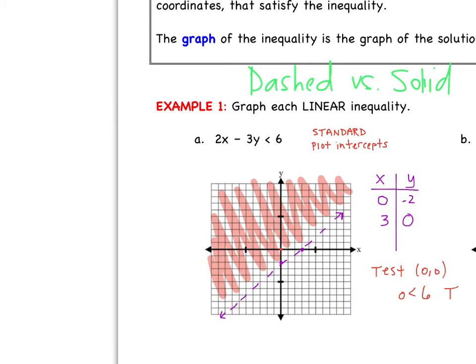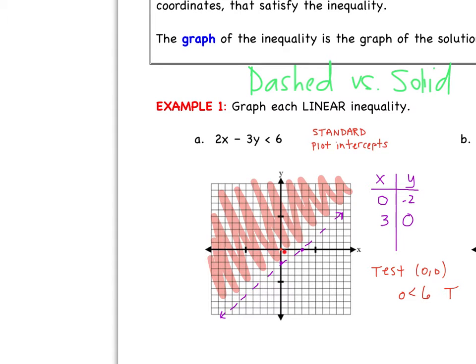Hopefully you were able to get your x and y intercepts. My y-intercept is 0, negative 2, so we plotted that. My x-intercept is 3, 0, so we plotted that. Because it's strictly less than, we're going to have a dashed boundary. And now we have to determine where to shade. I like to choose the point 0, 0 if it is not on my boundary line.